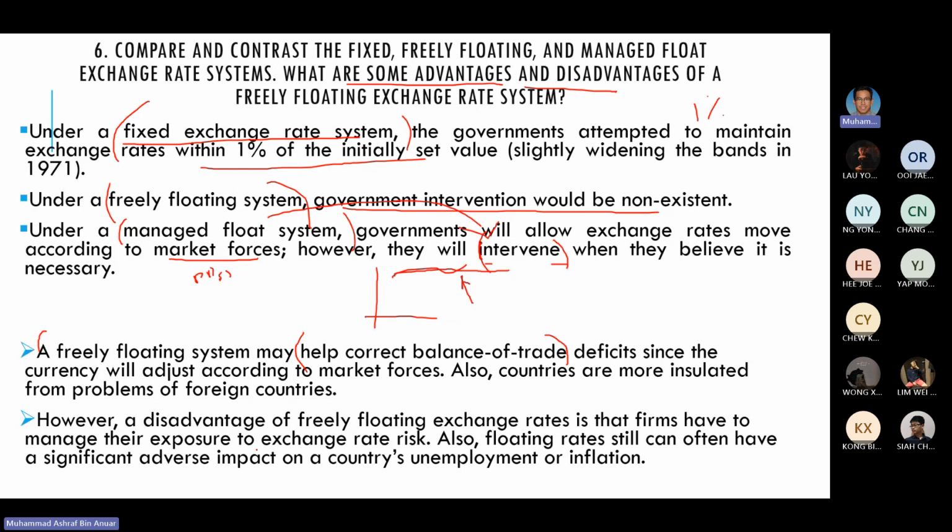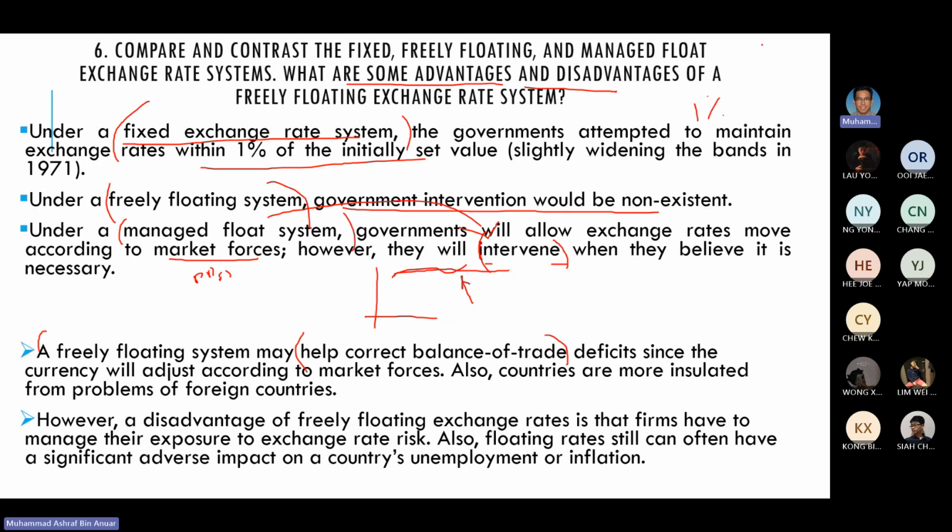A disadvantage of a freely floating exchange rate is that firms have to manage their exposure, because there's no fixed rate and no government intervention. So firms have exposure to exchange rate risk and have to bear that risk.